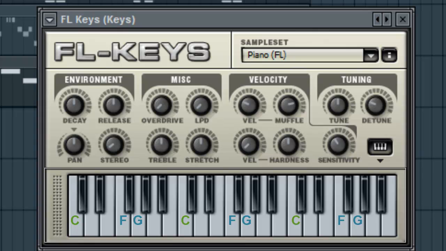Okay, and let's just hear what that might sound like. Okay, so I've only used those two passing notes to bring me back to the C, and it sounded okay.